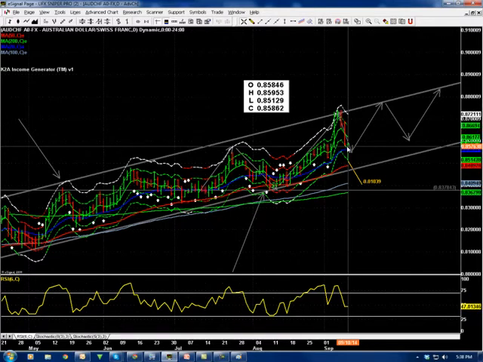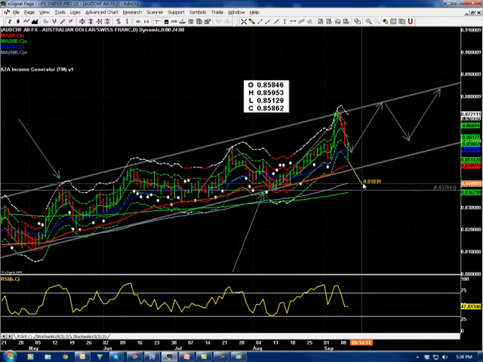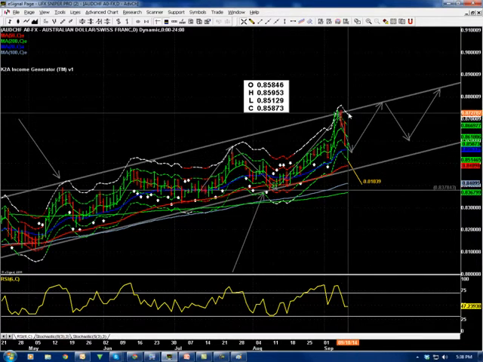So above the psychological figure, above the rounded number, it's always good. The stop loss will be 100 pips below the low of the bar. The low of the bar is 85.12, so 100 pips below the low, it'll be 84.12 with a stop loss down there. And the target is the white line.